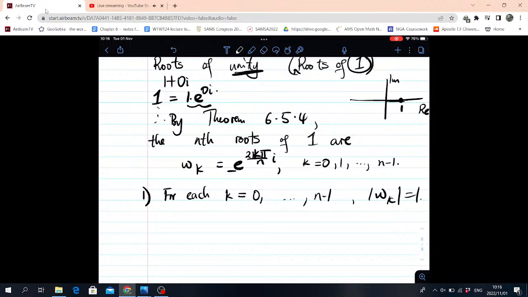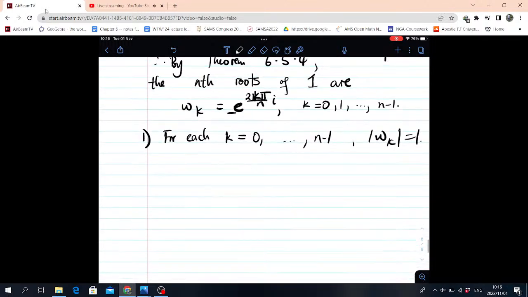So remember, when the modulus of the complex number is equal to 1, what it means is that all the nth roots, since all their moduli are 1, all lie on the circle with radius 1.